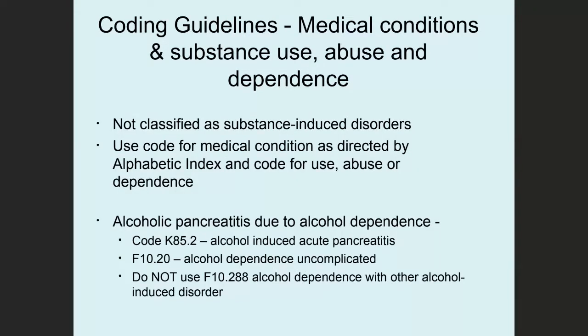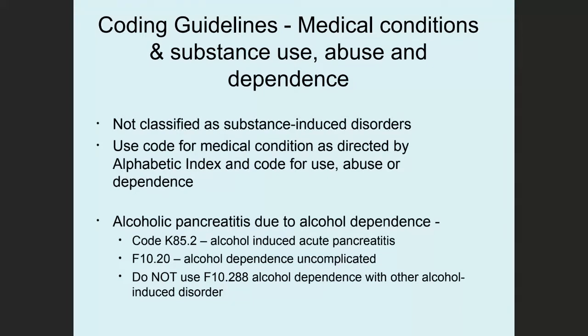So the guidelines also cover the circumstance when a medical condition is present with use, abuse, or dependence. The medical condition is not coded as a condition induced or caused by the substance use. This is kind of counterintuitive, so this is interesting. For example, alcohol pancreatitis due to alcohol dependence.